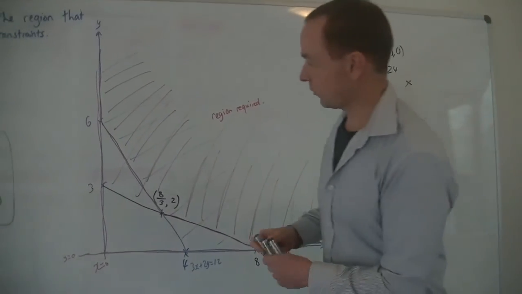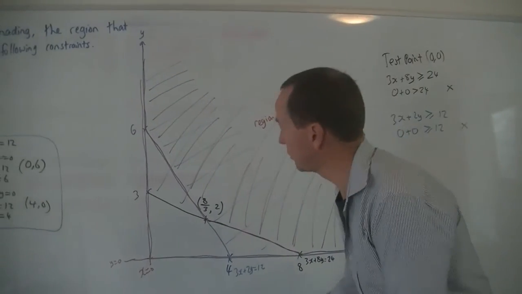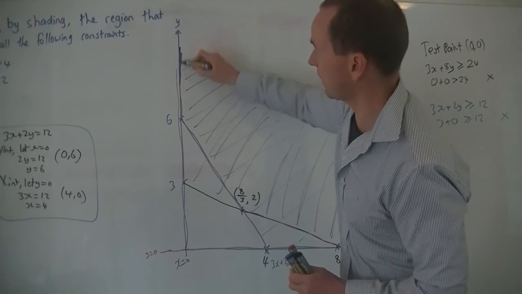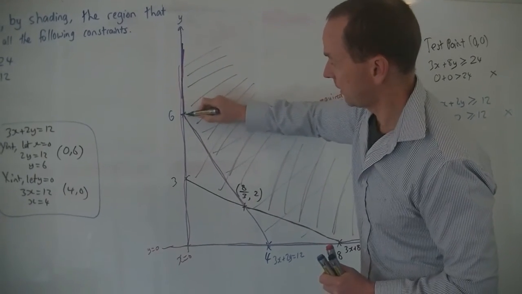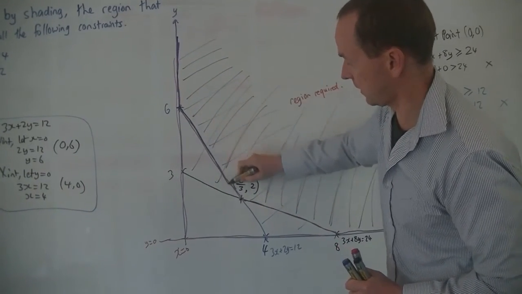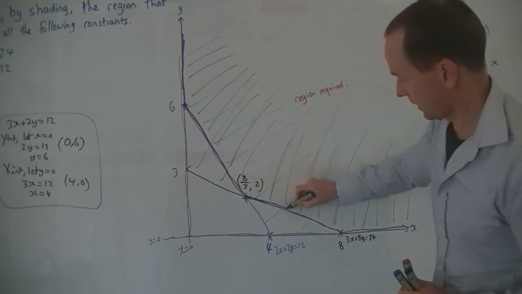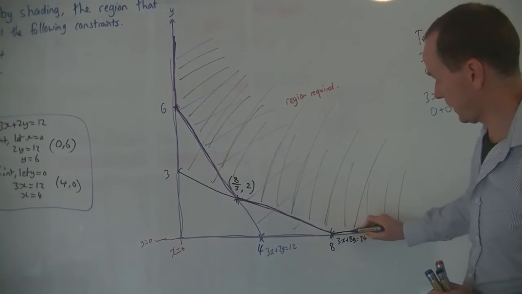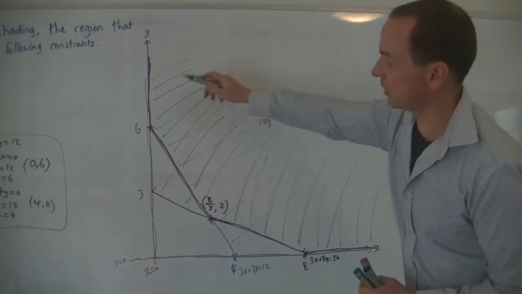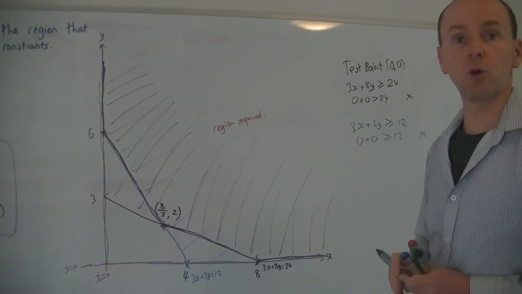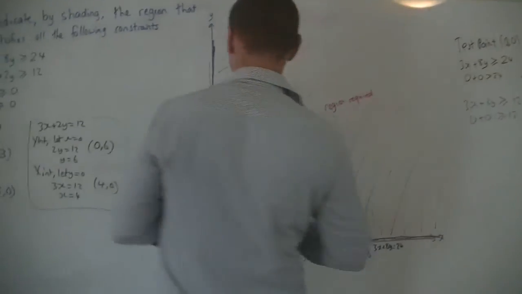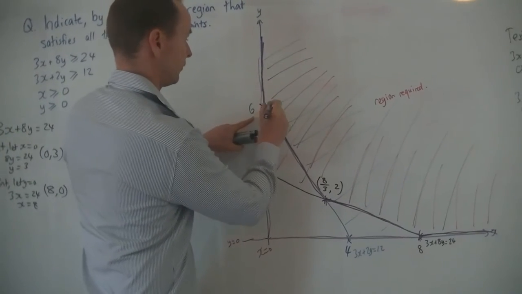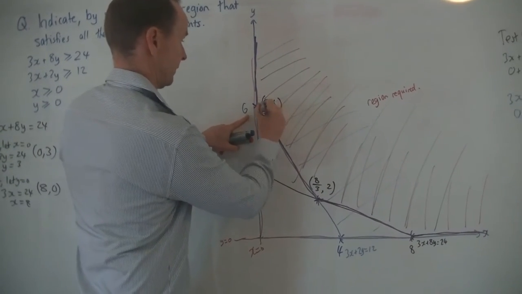I'll just point it out again. I'll use purple, so I've got a different colour. So it's this region down here, going from that point down to that point, and across there. So it's all the region above there. And make sure you have your corner points all written out. So let's write it out properly. That's 0, 6.